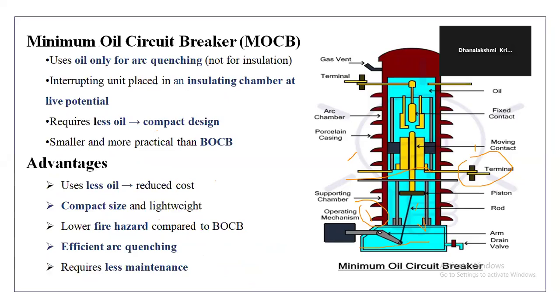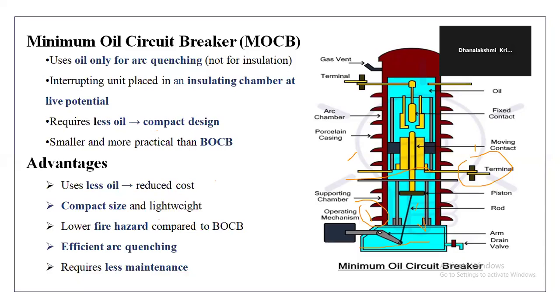In the bulk oil circuit breaker discussed so far, the oil has to perform two functions. Firstly, it acts as the arc quenching medium, and secondly, it insulates the live parts from the earth. It has been found that only a small percentage of oil is actually used for the arc extinction, while the major part is utilized for insulation purposes.